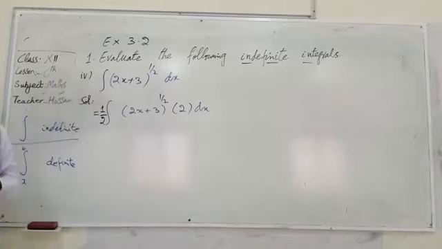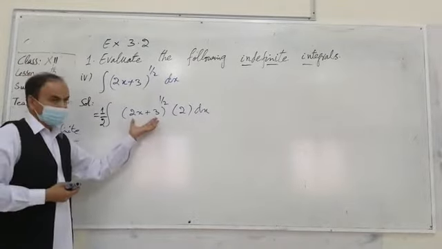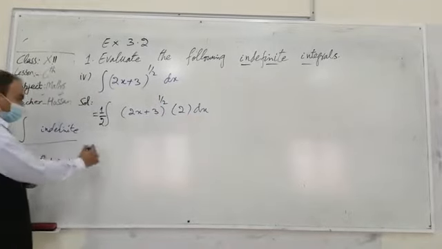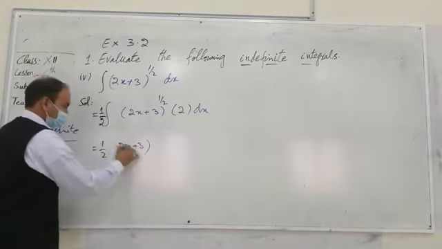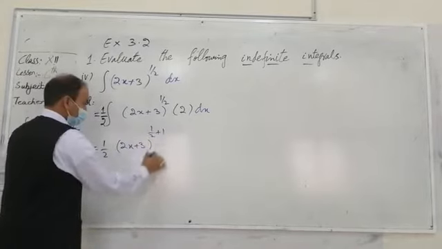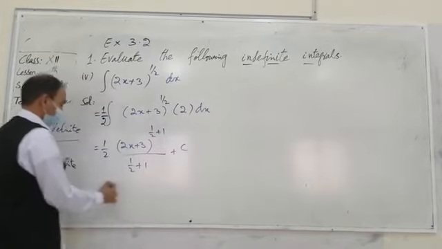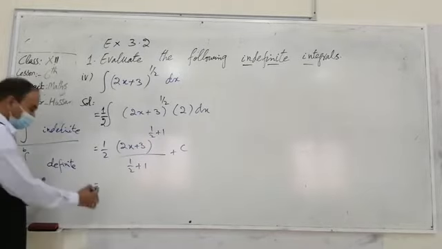Now very interesting and very easy, the rule says that the function is given, its differential is given, so how to integrate it? Very simple, integration says that the same function given, power plus 1 whole over power plus 1, and plus constant of integration. Now make the power simplified and that will be your final answer.